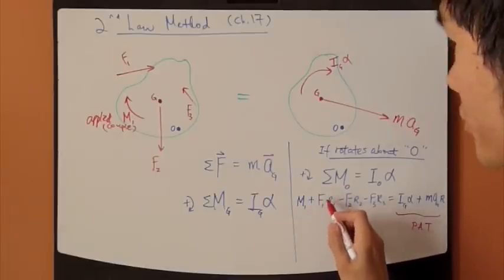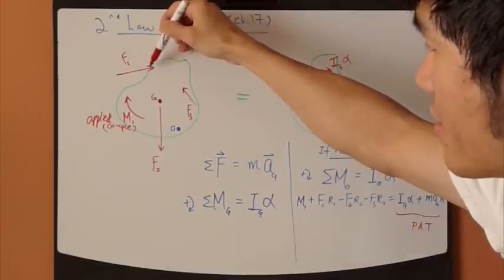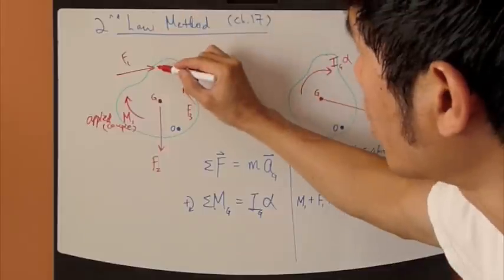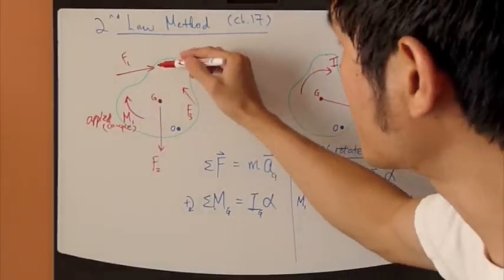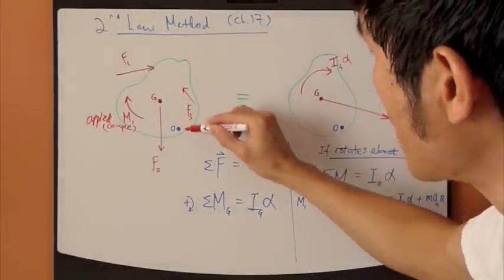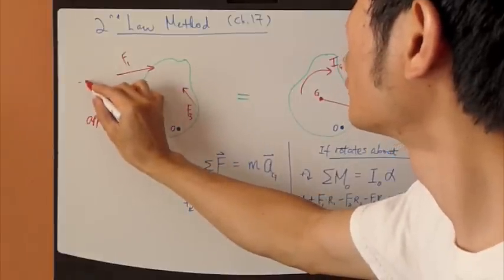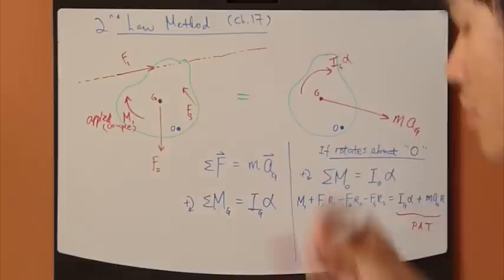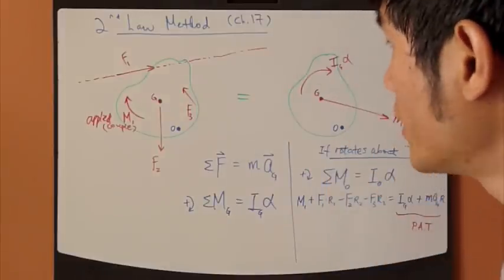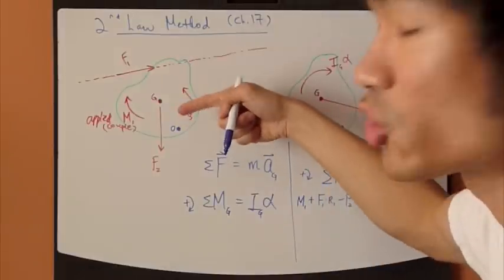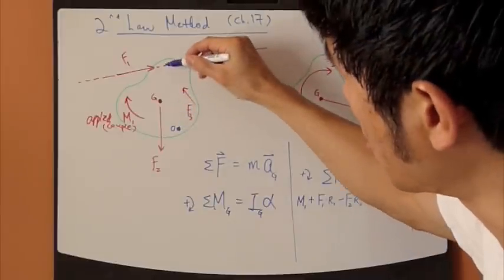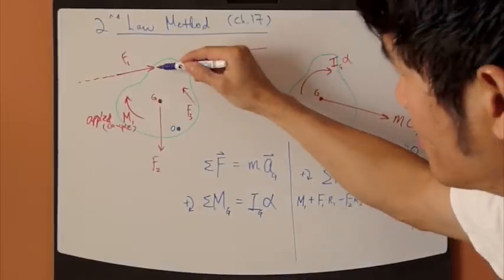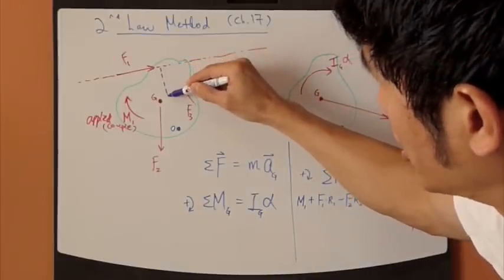The second term is F1, this applied force, times R1, where R1 is the shortest distance between this force and point O. So I'm going to draw an extension to this line of action of F1, and the shortest distance between point O and this line of action is simply the perpendicular distance.